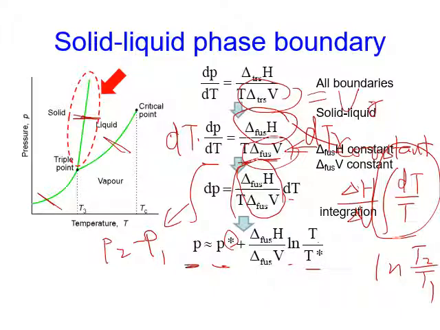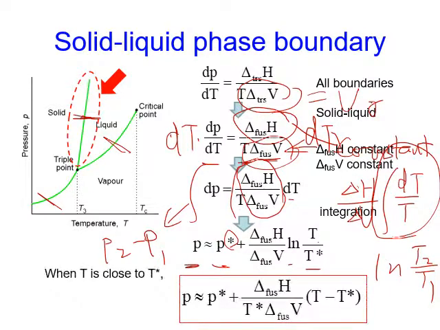When the temperature change is a small number, when the temperature is very close to the initial temperature, then the natural log of T over T initial can be approximated by T minus initial temperature divided by initial temperature. And this equation applies to the solid-liquid phase boundary.